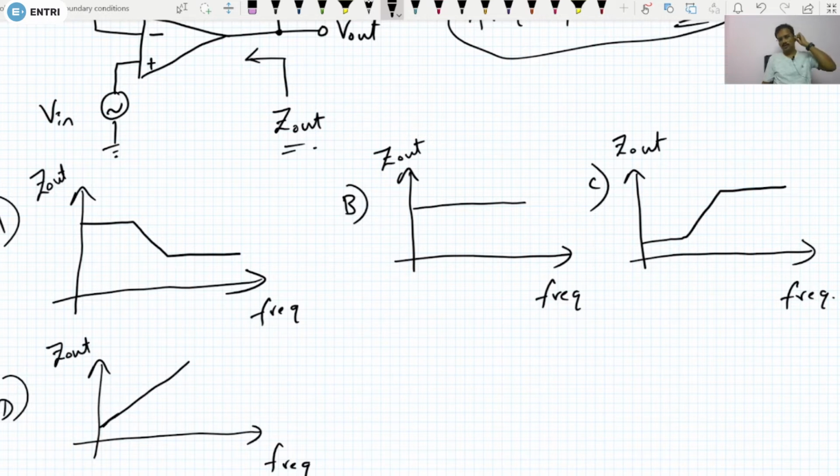Among these you have to choose the right option.